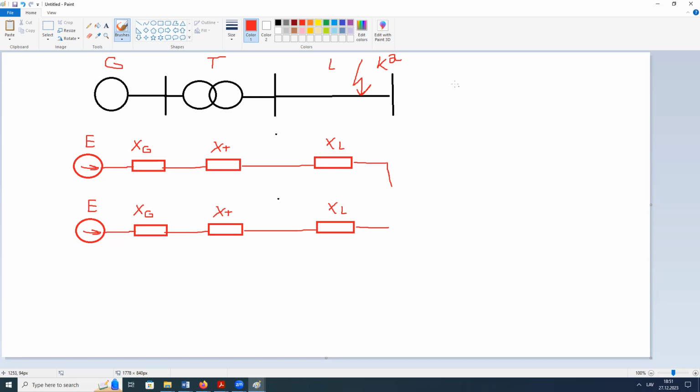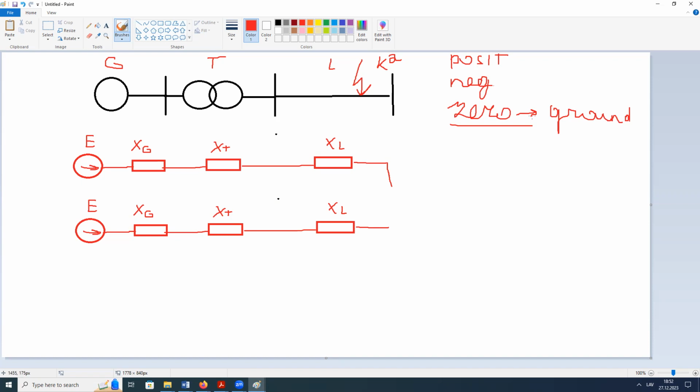There are the sequences: positive sequence, negative sequence, and zero sequence. The zero sequence appears only if we have a fault to the ground, to neutral.